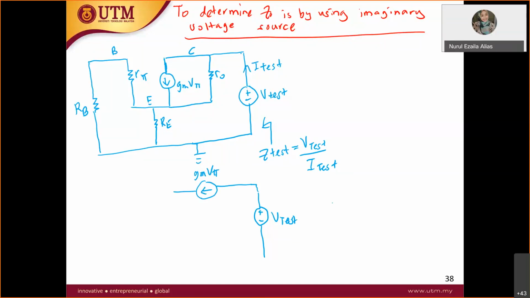So you have V test, and then you have the arrow gm V pi here. In parallel with gm V pi, you have R naught. Then at this point and this point, gm V pi and R naught, you have RE to the ground, the same point as the negative of the V test. So this is your RE.